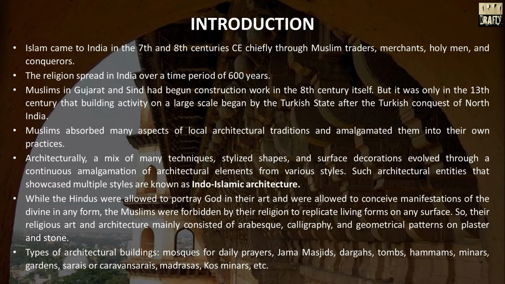So, their religious art and architecture mainly consisted of arabesque calligraphy and geometrical patterns on plaster and stone. Types of architectural buildings: mosques for daily prayers, jama masjids, dargahs, tombs, hammams, minars, gardens, sarais or caravansarais, madrasas, coast minars, etc.